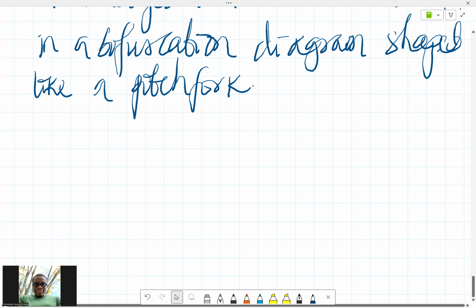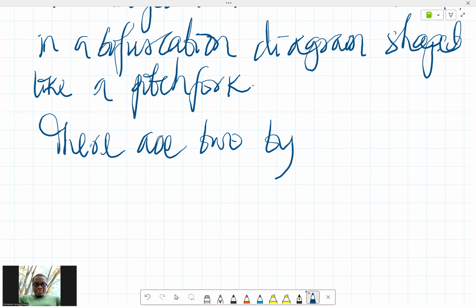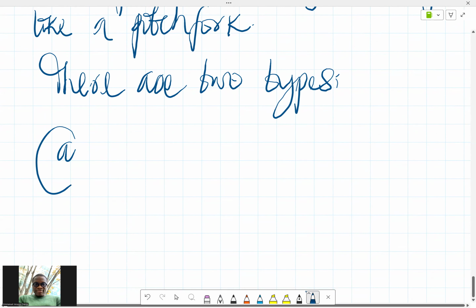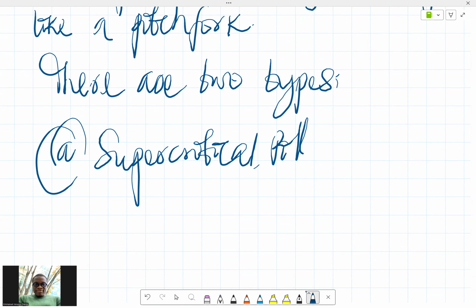There are two types of this. First, we have the supercritical pitchfork bifurcation.